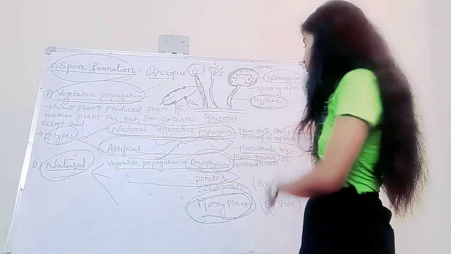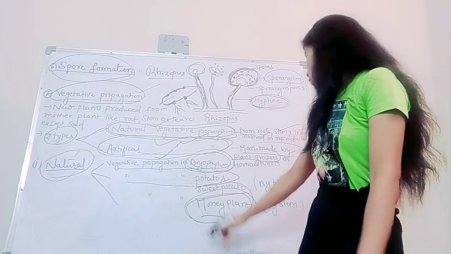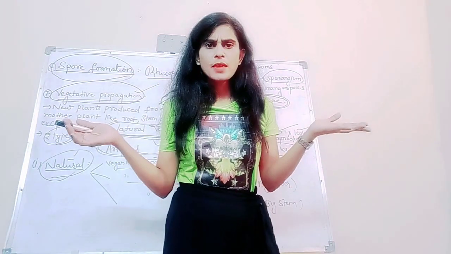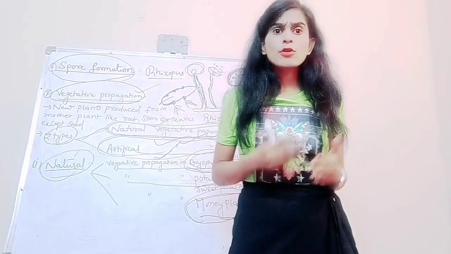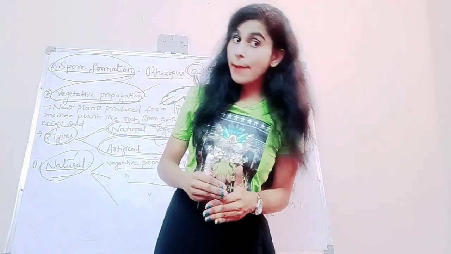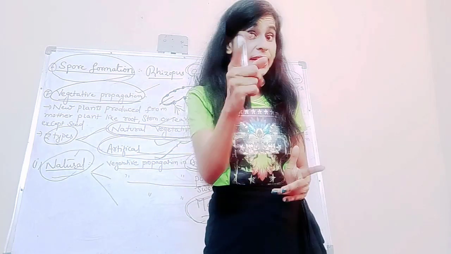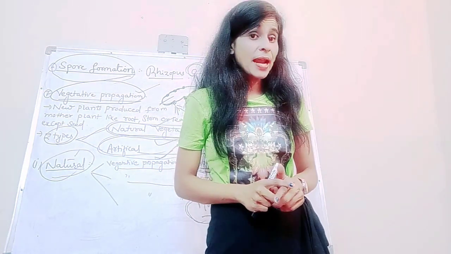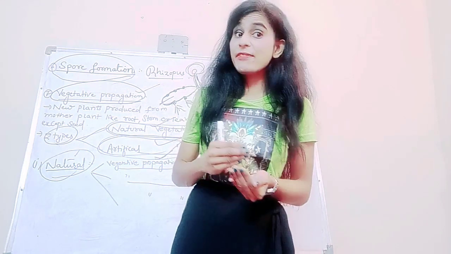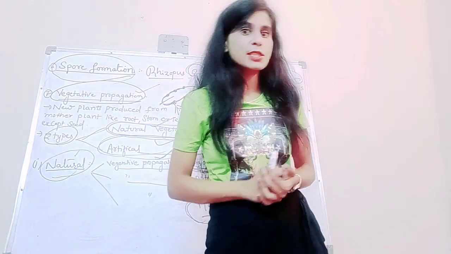Vegetative propagation in money plant by stem. How many plants develop, guys? You have all done it at your home. Whenever you cut the stem of the money plant, there is a condition. You should cut it in such a way that it already has a leaf attached to it.